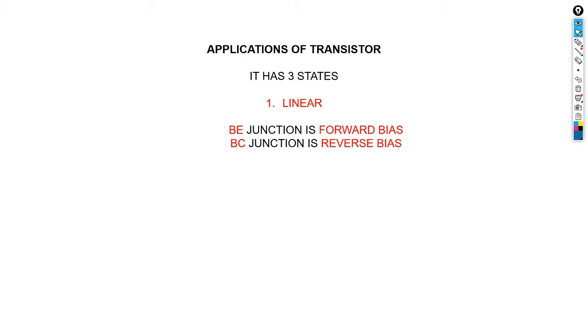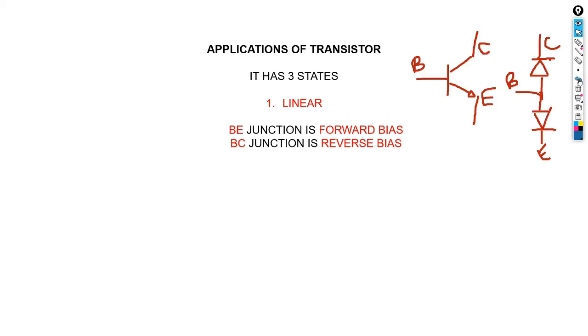In order for our transistor to operate as a linear, which is already an amplifier, our base emitter junction must be forward bias. This is the base, and this is the emitter, so it must be forward bias, which means you have a positive and then a negative, because it's basically a diode. So this junction must be forward bias.